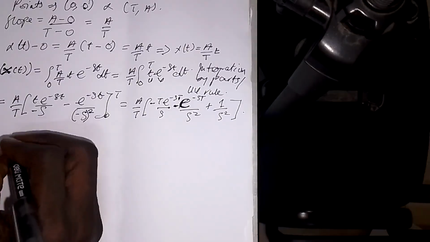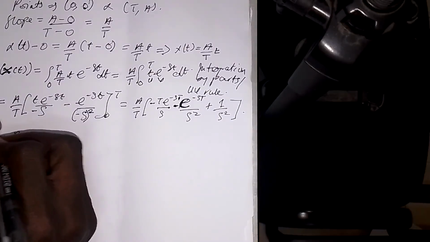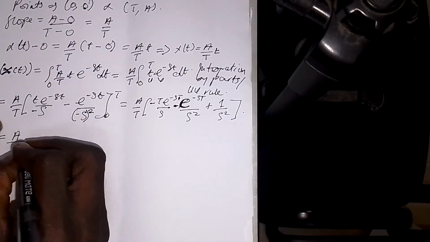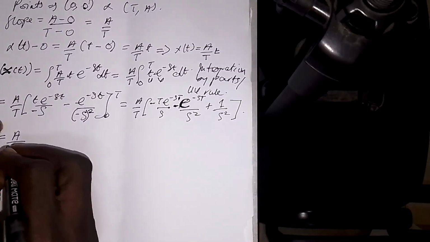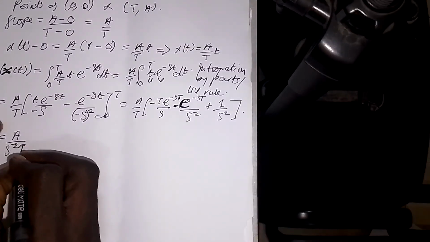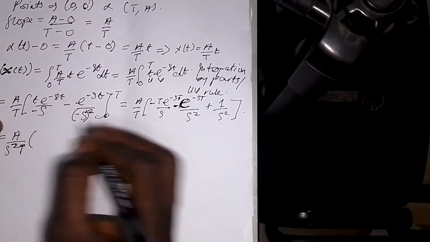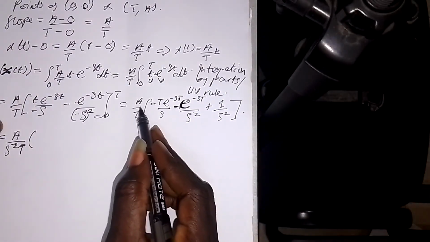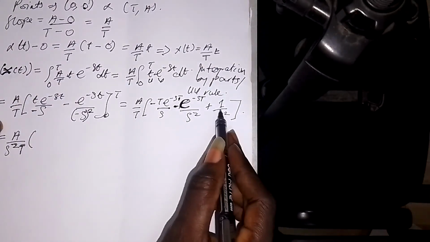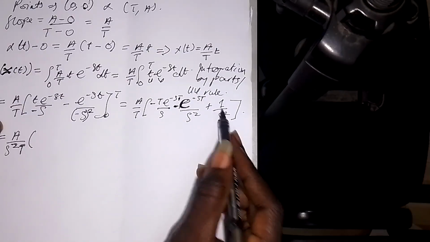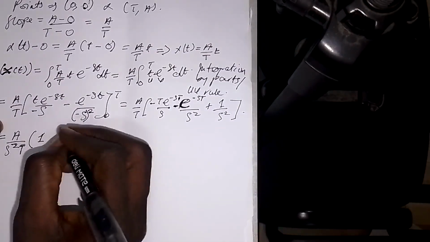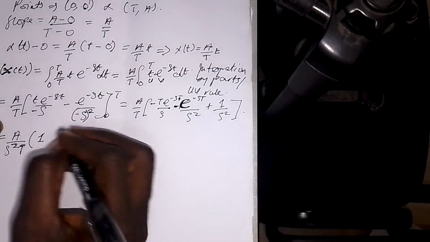Now if I simplify further, I can have a on, if I bring s squared out, s squared and then t. This times this will be positive, so I'll have 1. S squared has come out already.